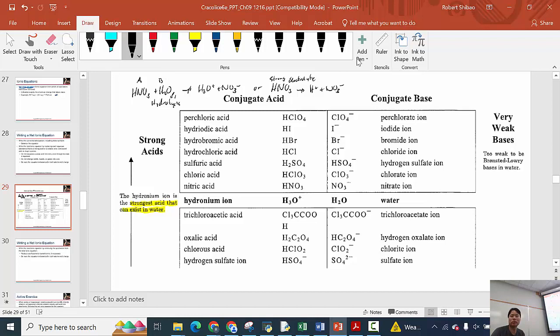But what do you know about the proton ion? Is the proton ion all that stable? No, it's not. It's very reactive. Protons like to react with water to form hydronium.